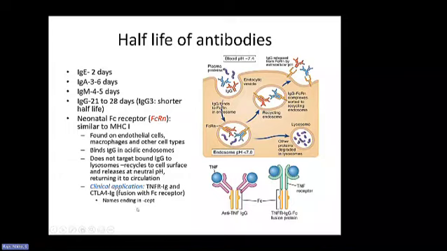The clinical application of this is that the Fc region of the immunoglobulin G can be used to give longer half-life to medications such as TNF receptor immunoglobulin or CTLA4 immunoglobulin. These are fusion proteins that are used for treatment. And just like the monoclonal antibodies, these fusion proteins that are used in clinical practice have a suffix.